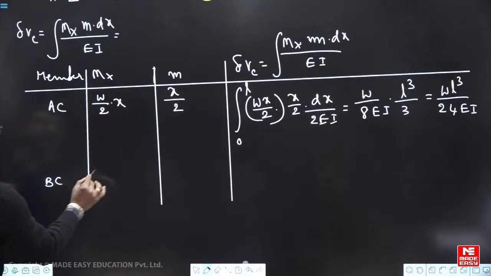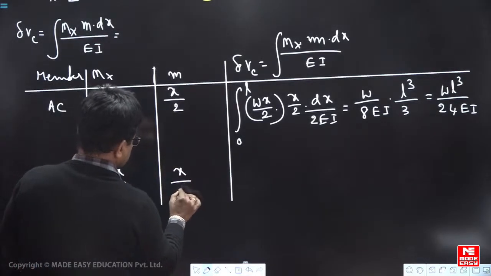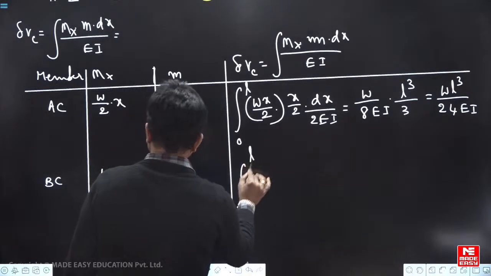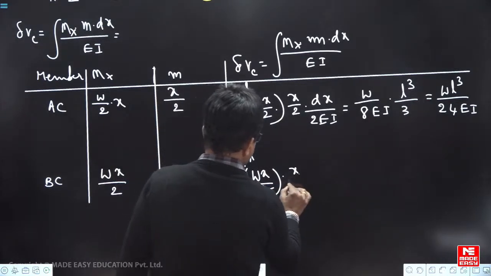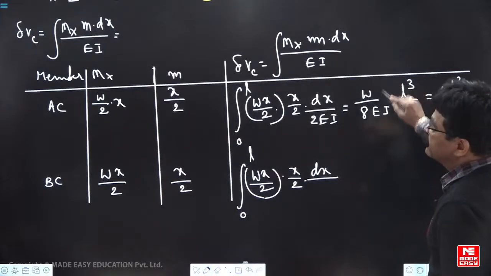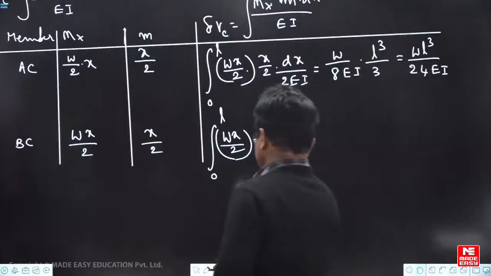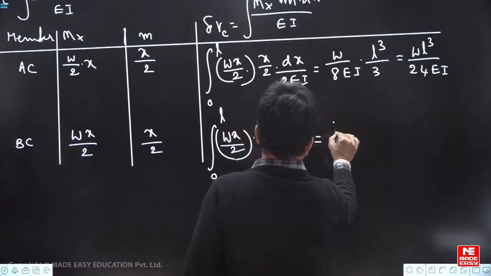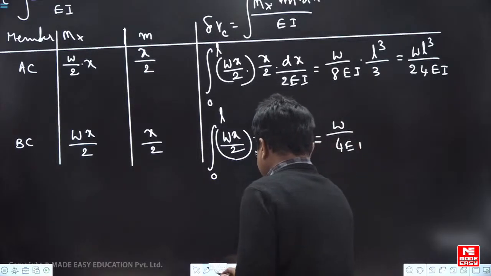The bending moment is Wx by 2, and due to unit load x by 2. The limits of integration are again 0 to L, Wx by 2 into x by 2 into dx by EI. In this segment the EI value is the same, so you can take simply EI. So you will get W by 4 EI, or otherwise we can directly write it as half of that.